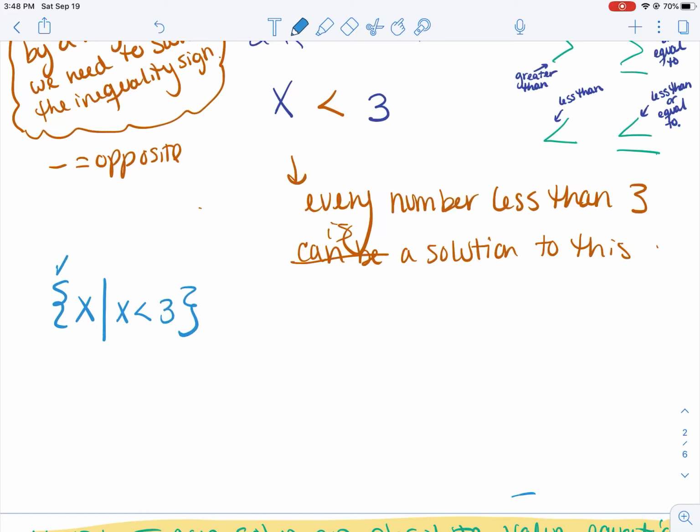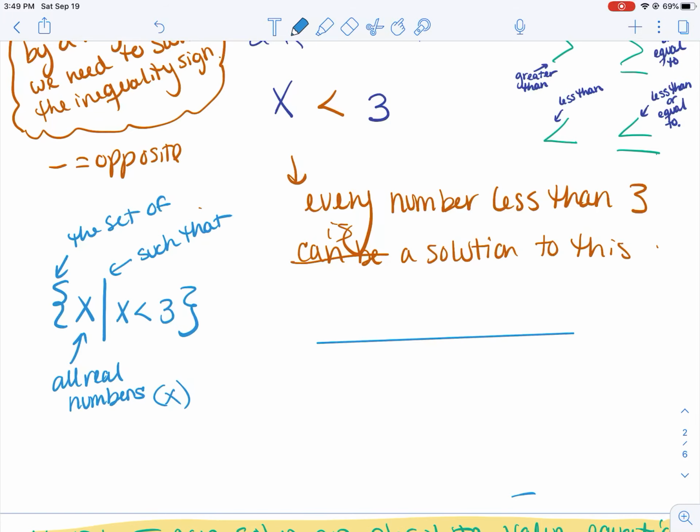This symbol means the set of, and this means such that. And here we have all real numbers, x. So x is representing all the real numbers, and we're saying that in this solution, the x values have to be less than 3.